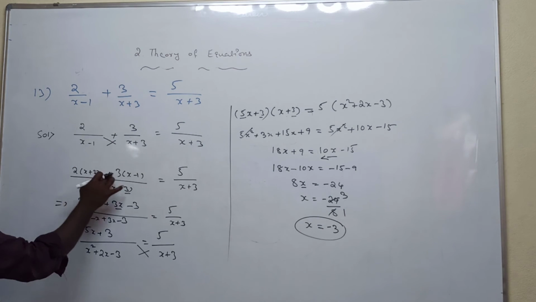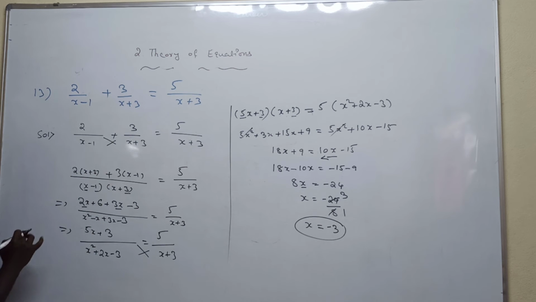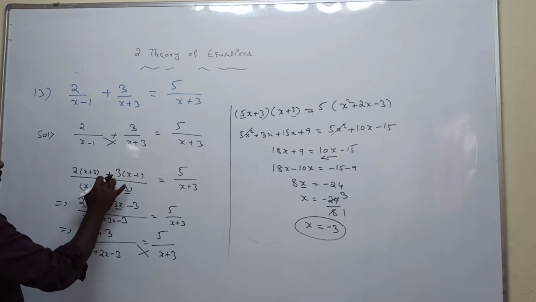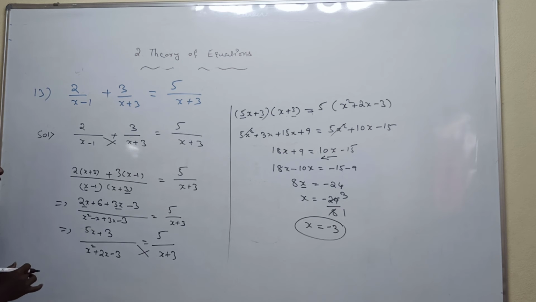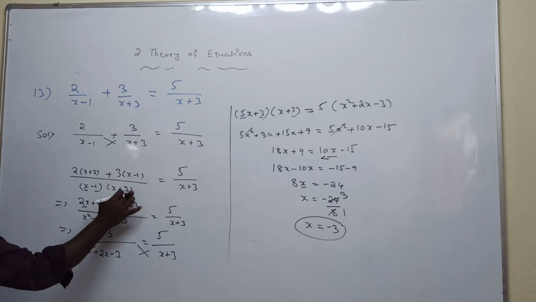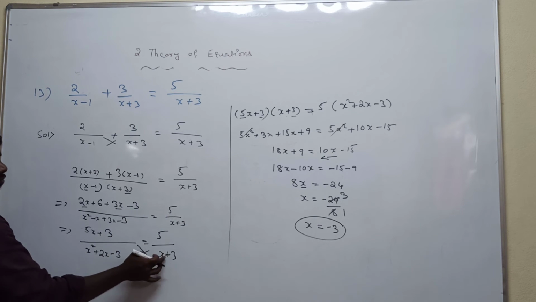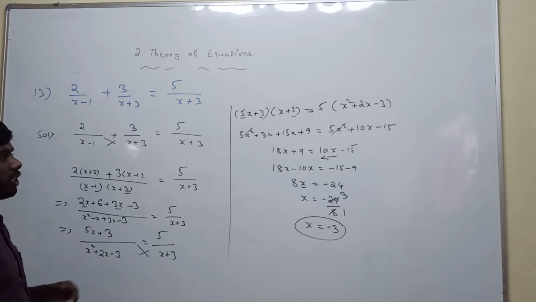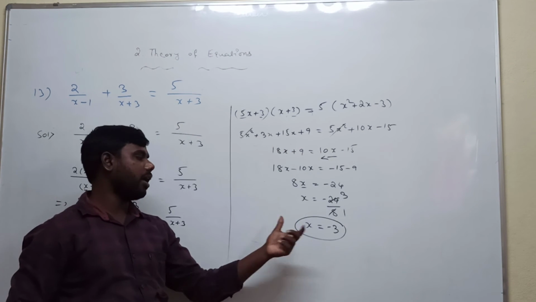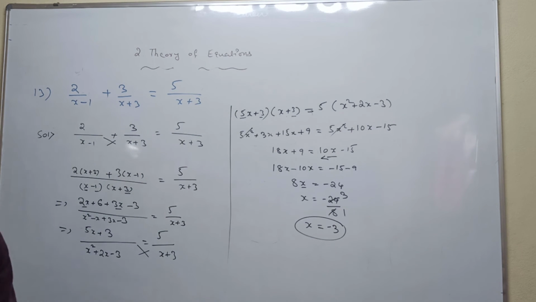After that, we simplify the numerator values. 2 into x is 2x plus 2 into 3 is 6 plus 3 into x is 3x plus 3 into minus 1 is minus 3, divided by x into x is x square, minus 1 into x is minus x, plus x into 3 is plus 3x, minus 1 into 3 is minus 3. After simplification, finally we get 5x plus 3 over x square plus 2x minus 3 is equal to 5 by x plus 3. After cross multiplication, finally we get the x value as minus 3. Understood? This is the method for the last question.